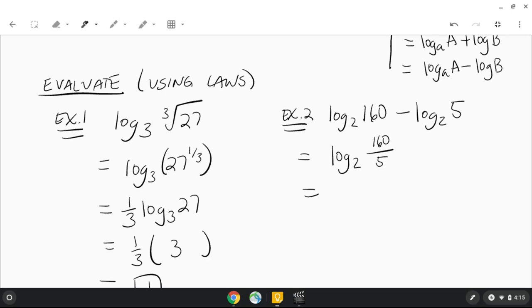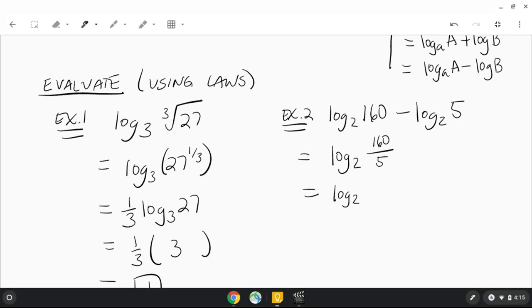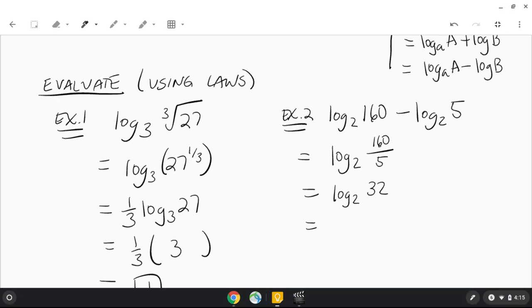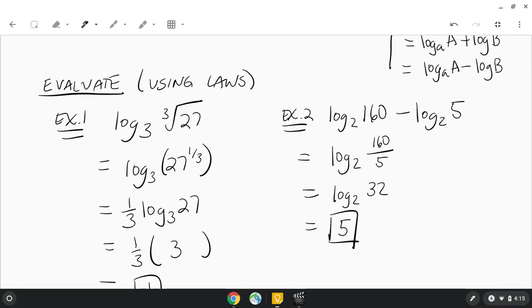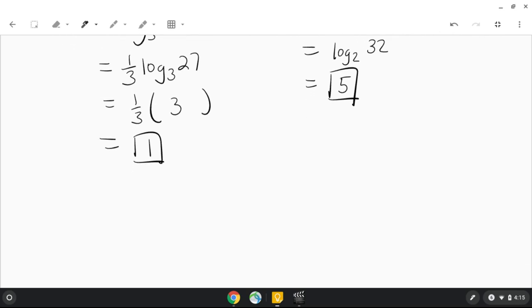If I do that division, 160 divided by 5, I get 32. And now this is easy to evaluate because 2 to what power is 32? 2 to the 5th power. So that's one way to evaluate this by using the laws of logarithms.